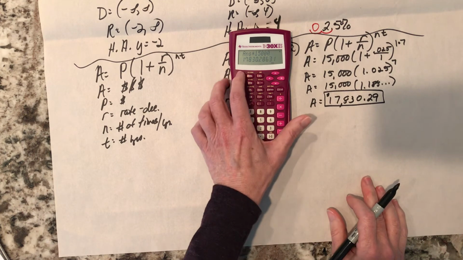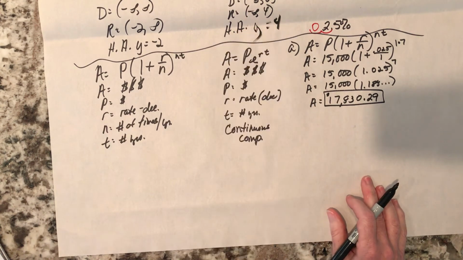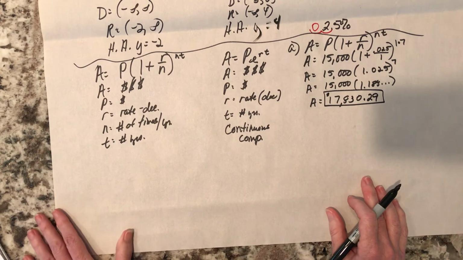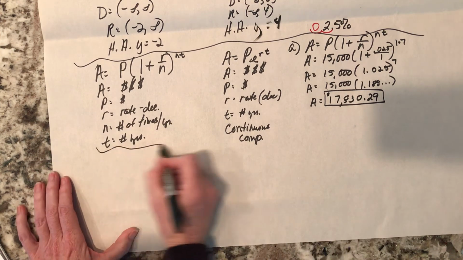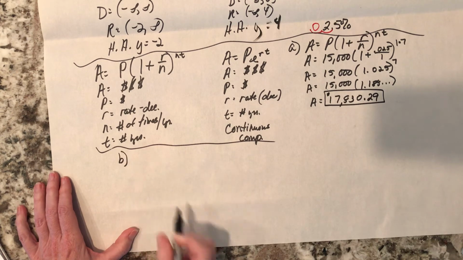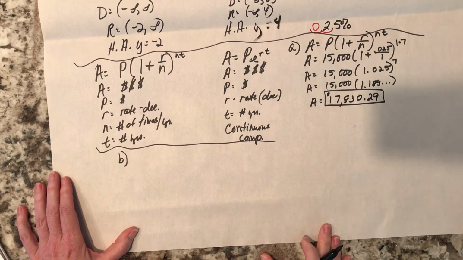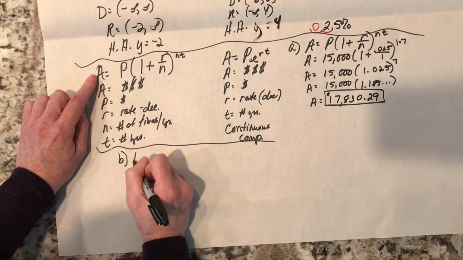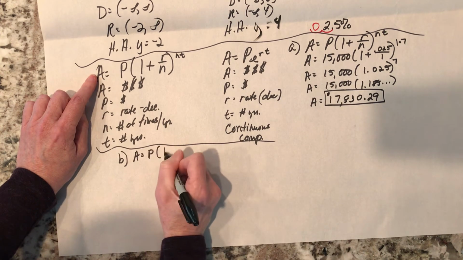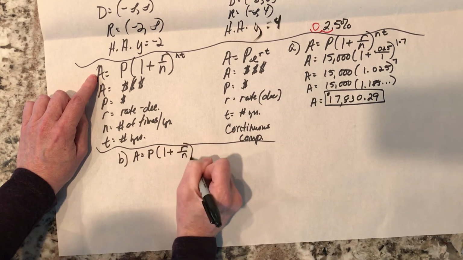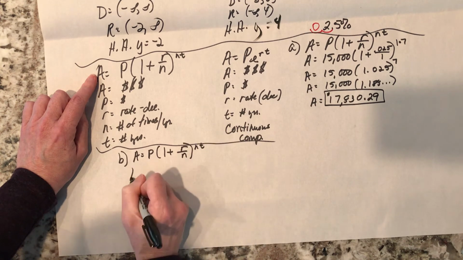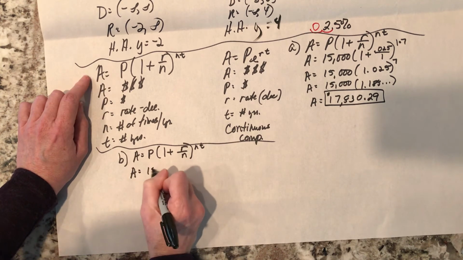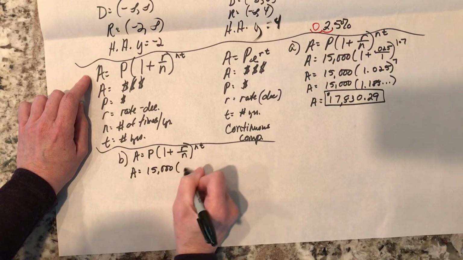Okay, let's look at B. Let's do the same thing with B. On B, I'll just move it over here since B is over there on your worksheet. On B, we're doing the same thing. We're compounding quarterly, so we're going to be using this formula. We know the principal, it's still $15,000.